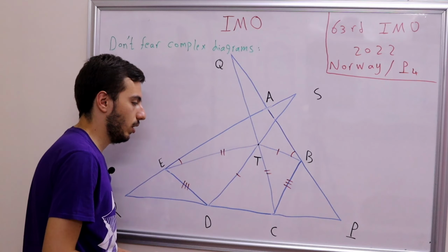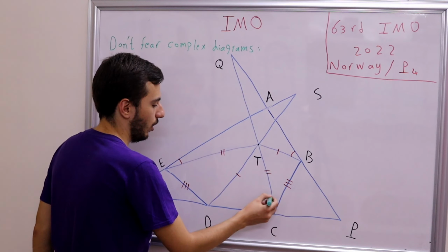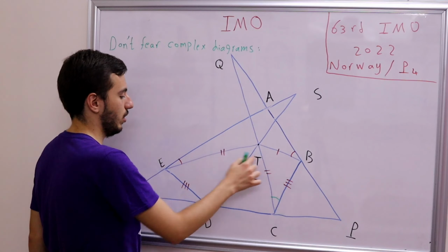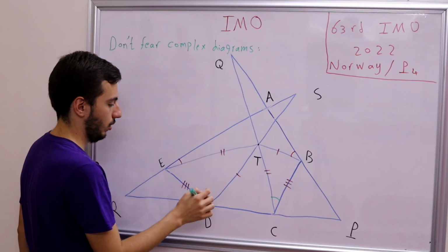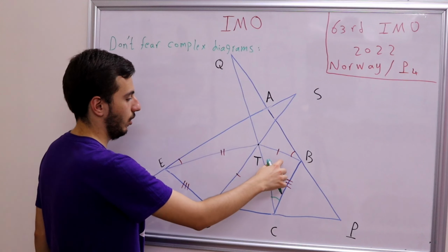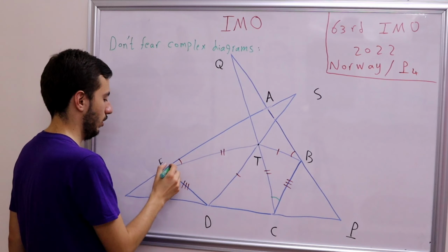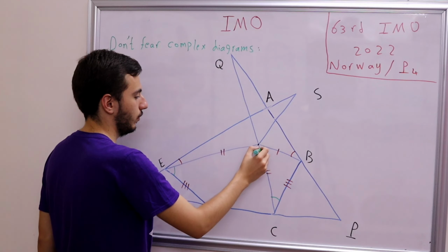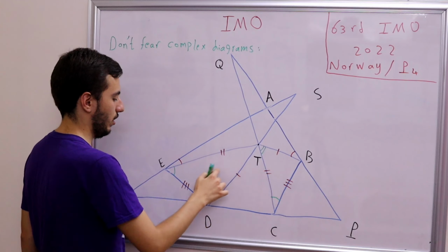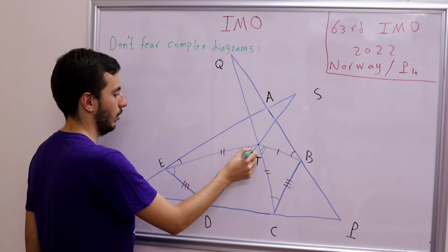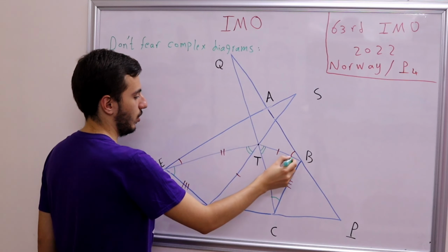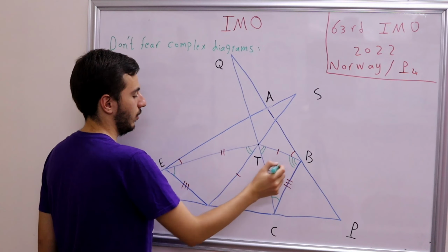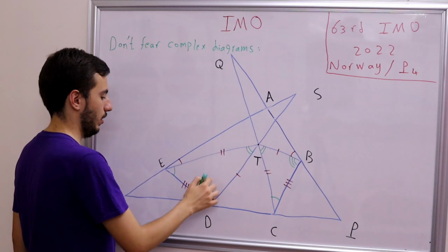So now we even have three equal angles. So let's actually put these on the diagram. So this angle here is the same as this angle here. All right, CB here. And this angle here is the same as this one here. And finally this one here is the same as this one here.